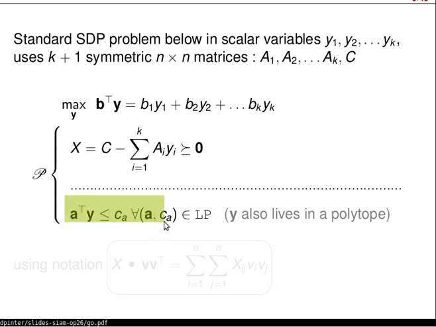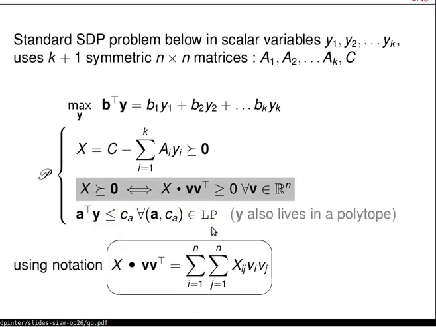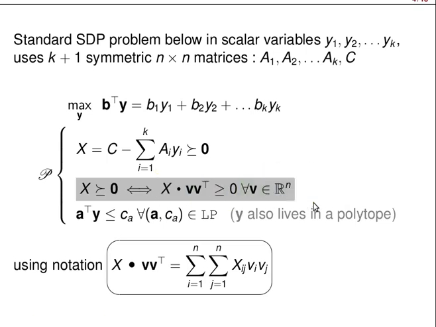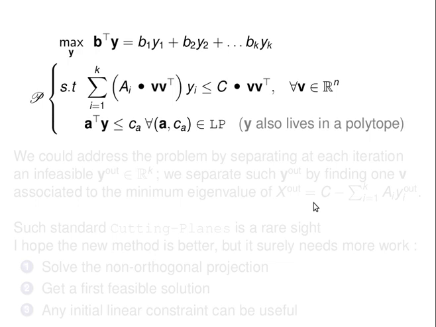Don't forget, we have an LP part, some constraints here which are purely LP, and the SDP constraint is equivalent to inserting an eigenvector cut for each vector in R^n. So if I rewrite the program this way, I forget to some extent about the SDP constraint.